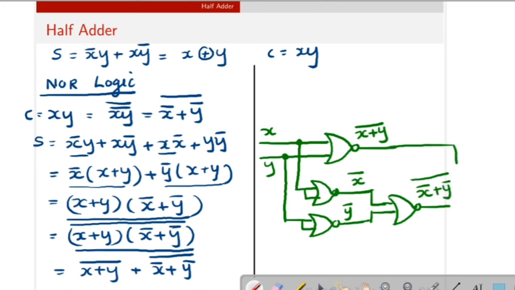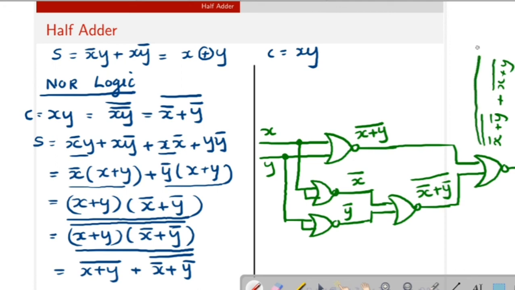Then take x plus y whole bar and x bar plus y bar whole bar, then NOR them together. So here you have the output x bar plus y bar whole bar plus x plus y whole bar. That is the sum.